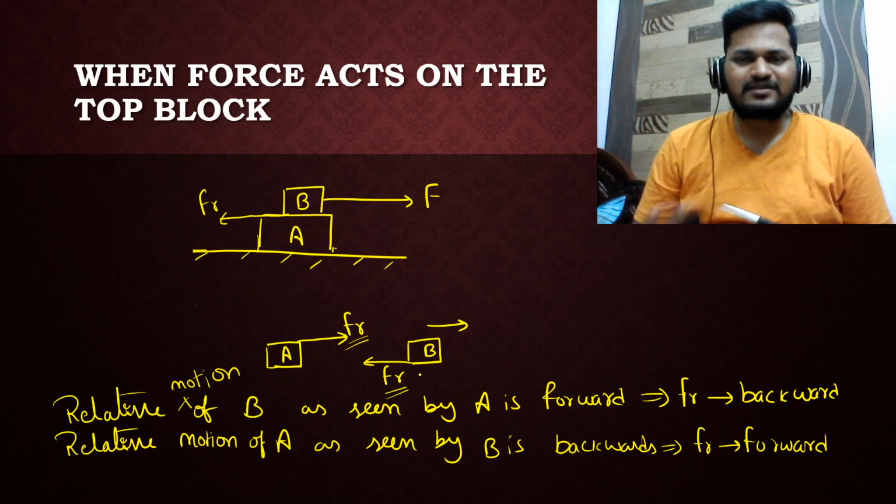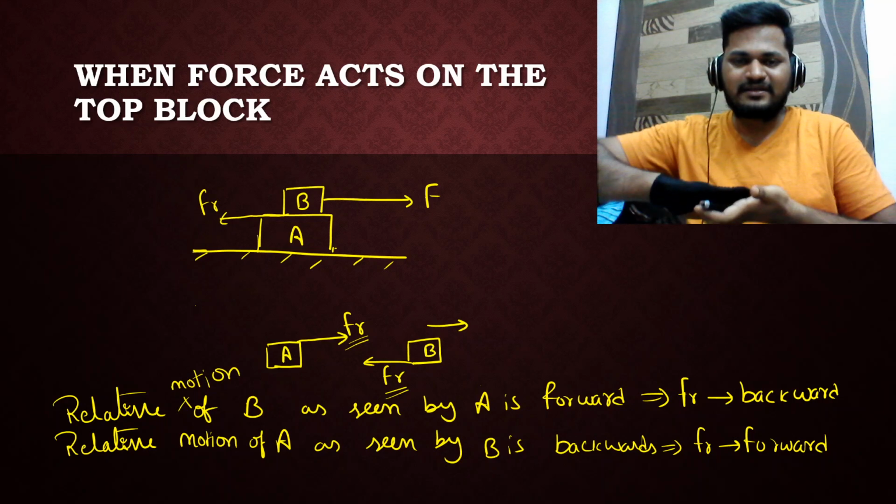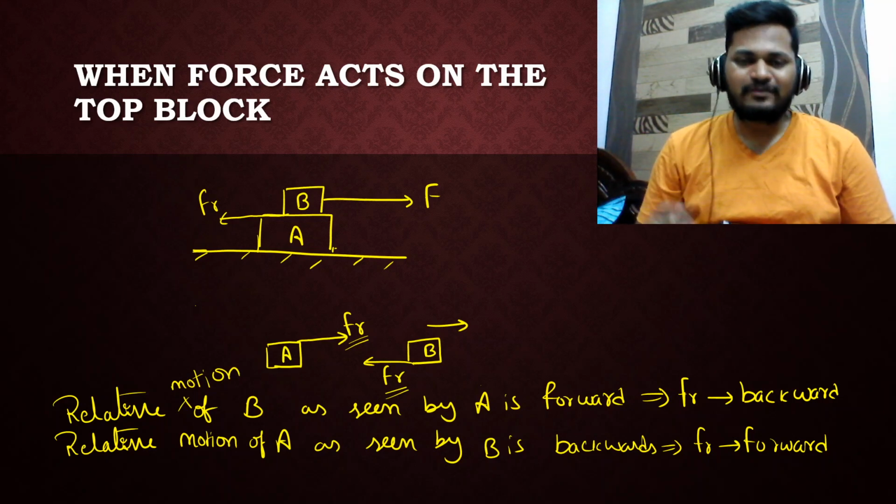So saying friction opposes motion is a wrong statement. In general, if you say friction opposes motion, that's a wrong statement. When two surfaces are there and they're tending to move, it will oppose one surface's movement and it will be supporting another surface's movement because it will be acting in both the directions.